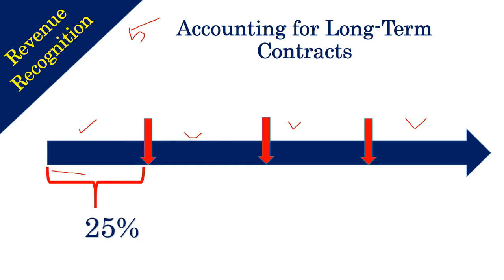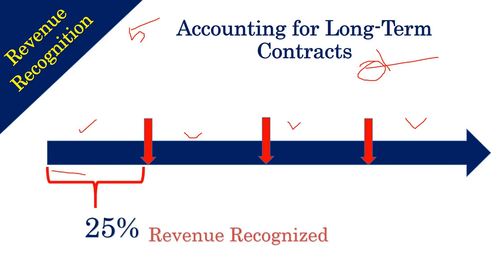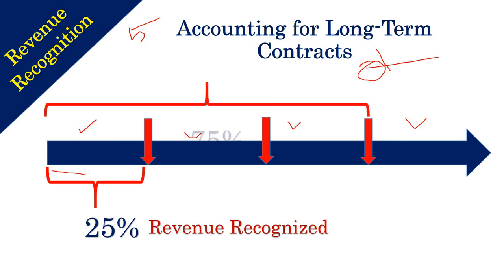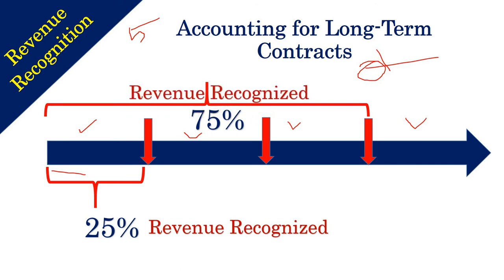If in the first year we completed only this 25%, we will recognize revenue for this 25% only. And say for example after the third year we completed 75% of the total work. In that case, we will recognize 75% of the revenue. This is how it works.